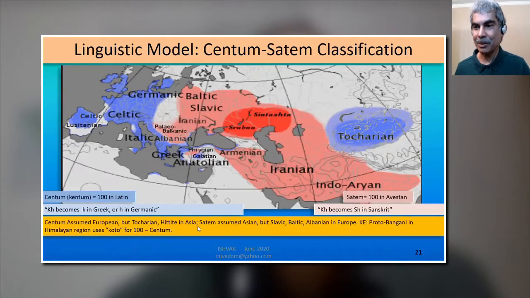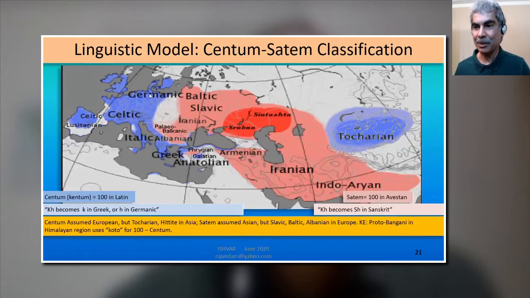And similarly, Hittites in Asia, Satem is assumed to be Asian, but you see that the Slavic countries are all in this Satem classification. Conrad also calls out the Proto-Bangani people in the Himalayan region. They also use a Centum classification. How on earth is it in India you have a Centum classification?